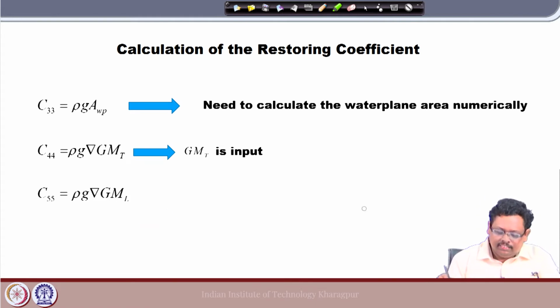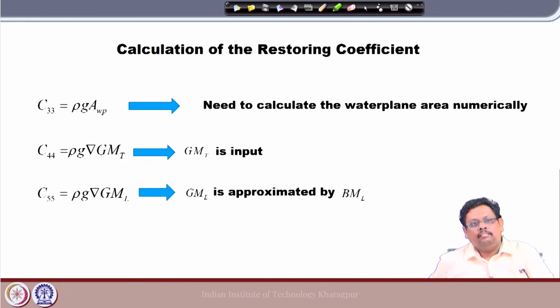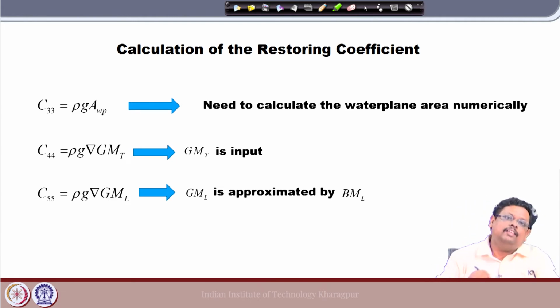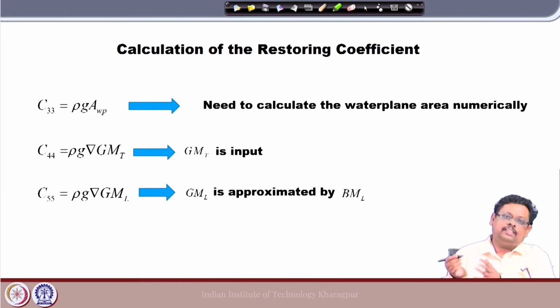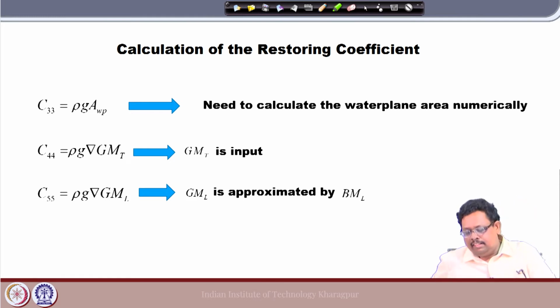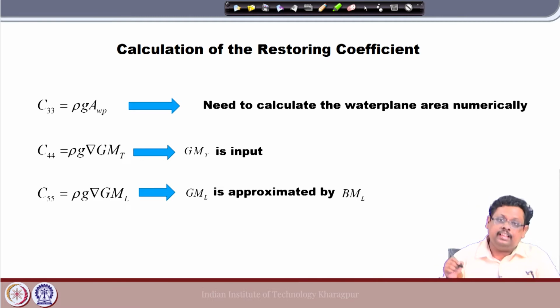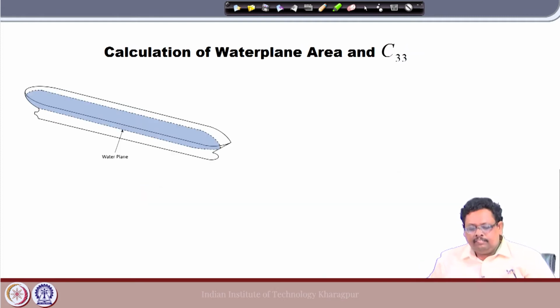In case of C55, again the first terms are known and GML can also be an input. However, GML can be approximated by BML, and this BML you can calculate numerically. This is all hydrostatics and more detail will come, but we are discussing it here for the sake of completeness.